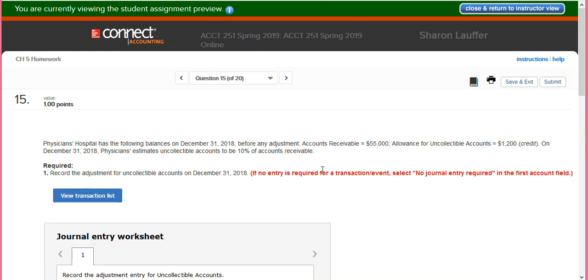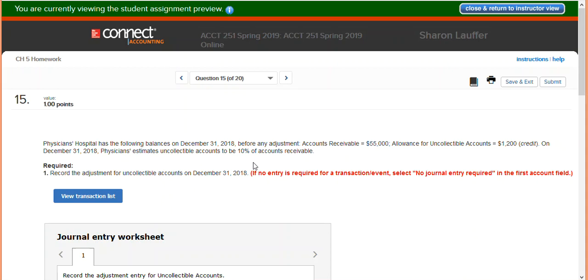All right, so this says Physicians Hospital has the following balances, blah, blah, blah. We have an estimate to uncollectible account that's 10% of accounts receivable. It says record the adjustment for uncollectible accounts on December the 31st, 2018. So it says that they estimate their uncollectible accounts to be 10% of accounts receivable.